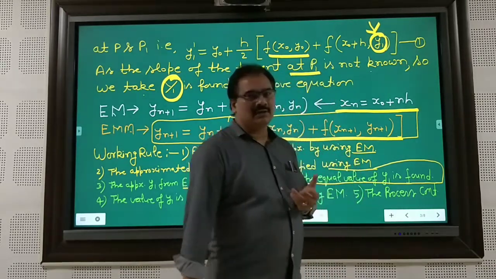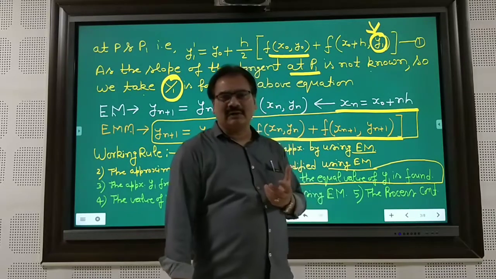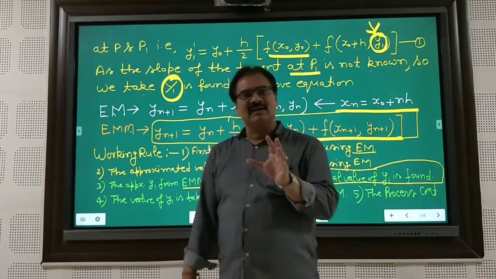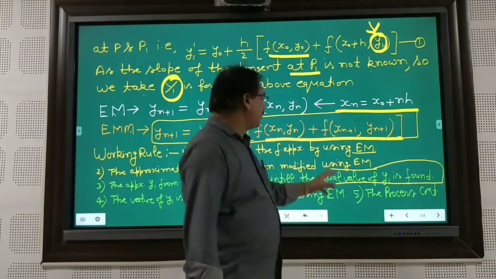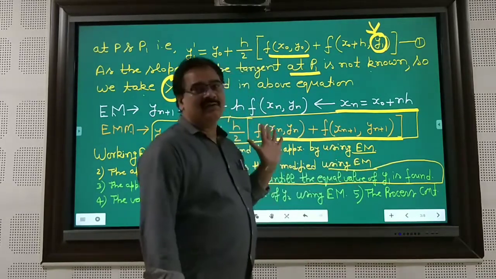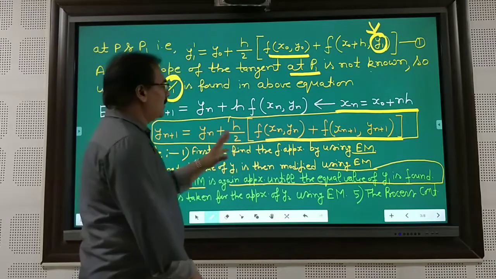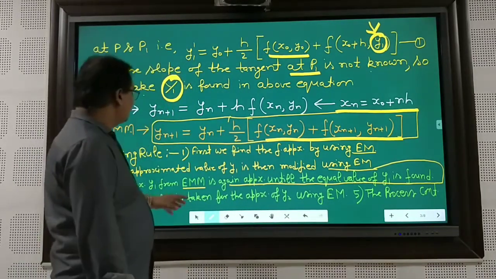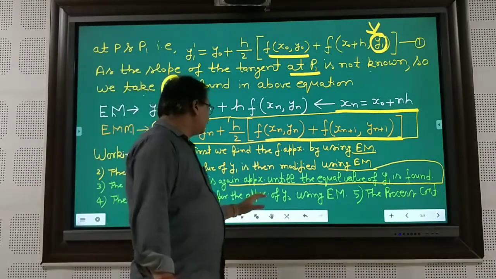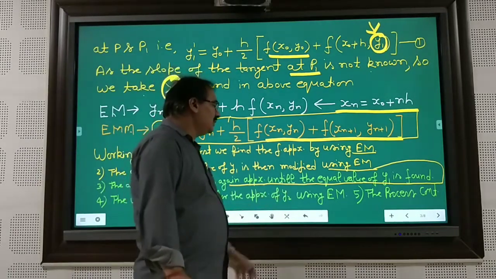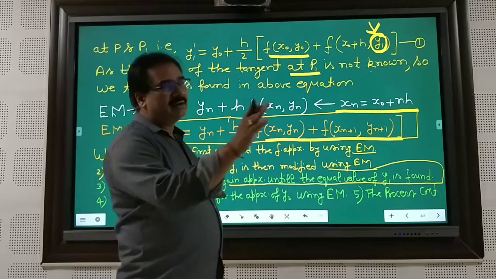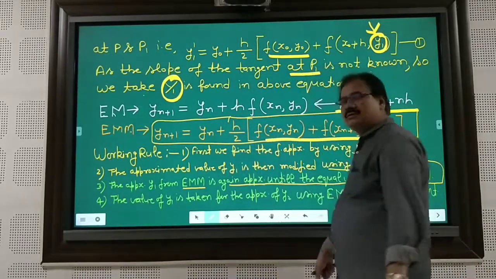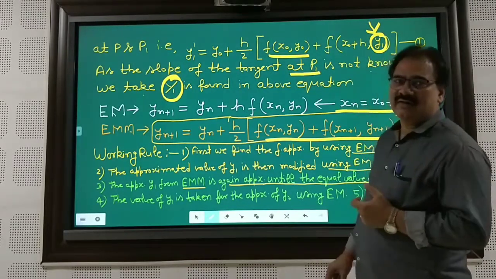If during the computation you get convergence up to 3 decimal places, that is the meaning of an equal value of y1 being found. Now the fourth step: the value of y1 is taken for the approximation of y2 using Euler's method, and we repeat the process, continuing until the desired level of accuracy is obtained.